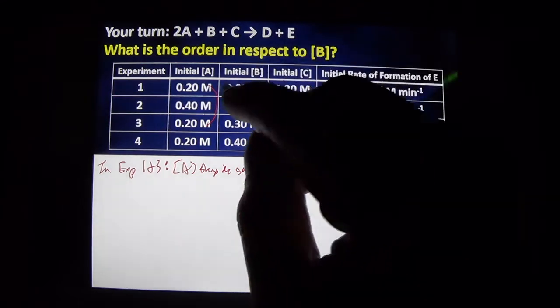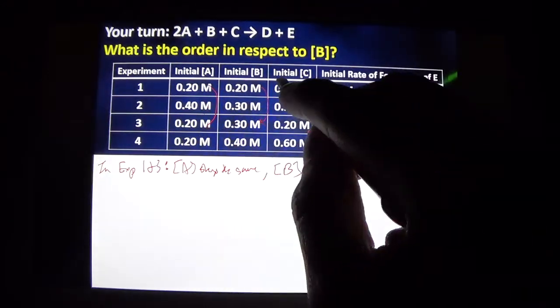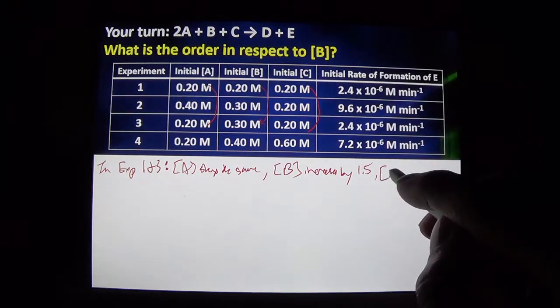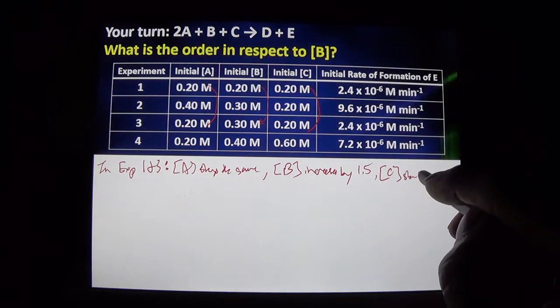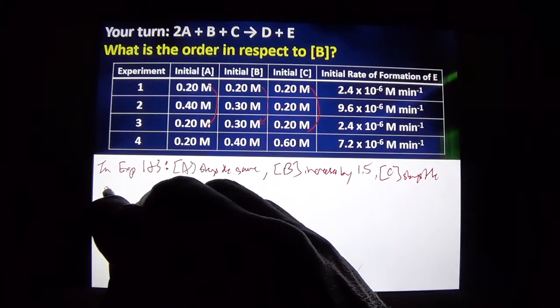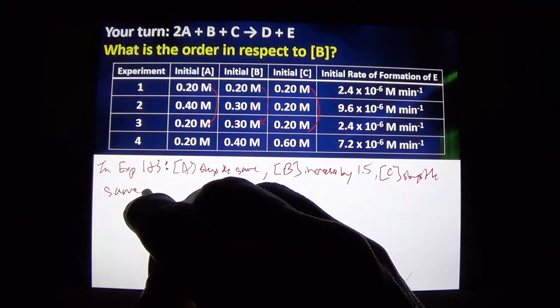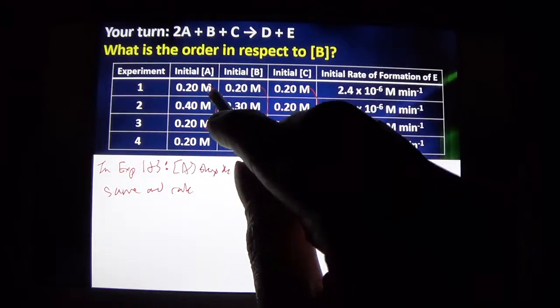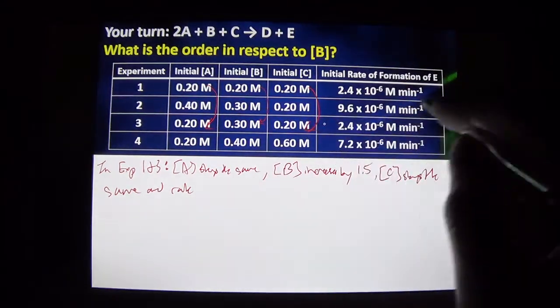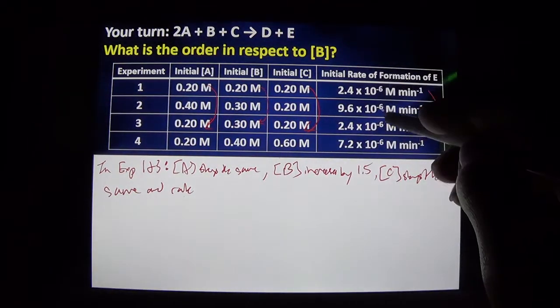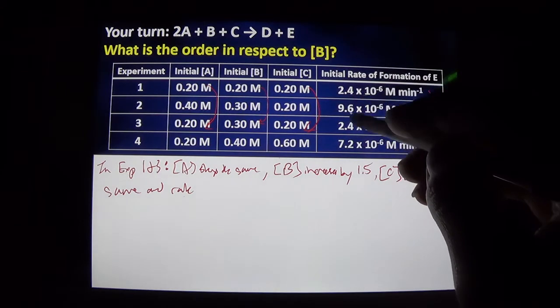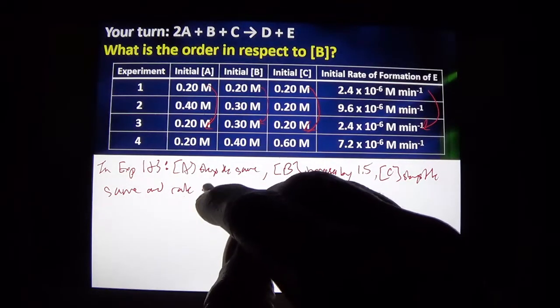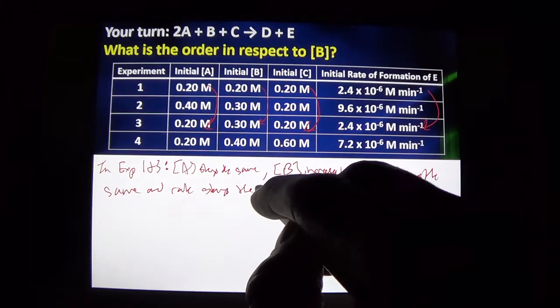And I'm going in this direction, so I'm looking still this way. So concentration of C stays the same. And the rate, now I was going from 1 to 3, 1 to 3, 1 to 3. I want to go 1 to 3. Exponents are the same, so look at the numbers, and the rate stays the same.